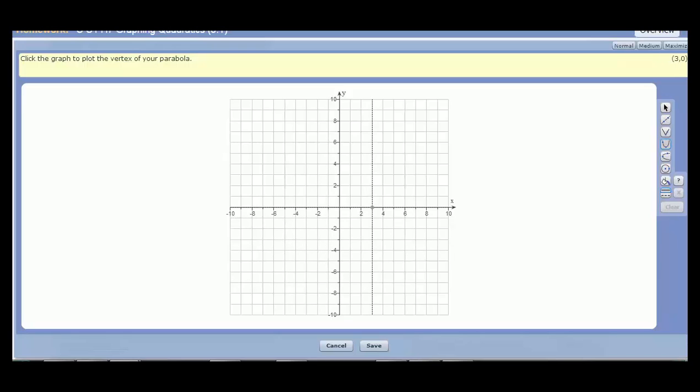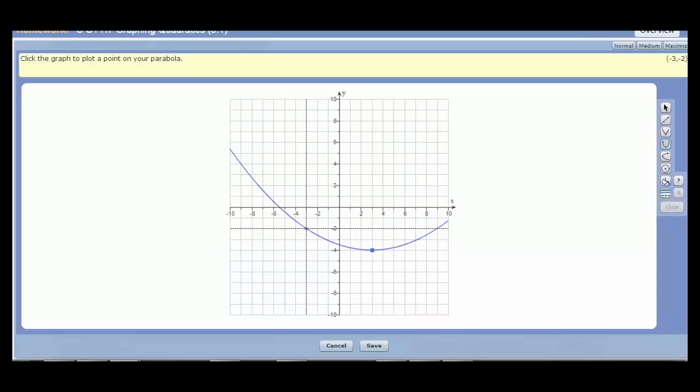So I'm using my arrow keys once I select the vertex, but I have to get it selected first. Now if you notice up here in the top right hand corner, if you're not sure what this point is, you can come up here to check. Right now I'm at 4, negative 2. I want to be at 3, negative 4. So let's very carefully try to move this. 3, negative 4.